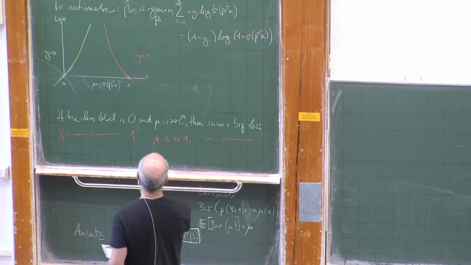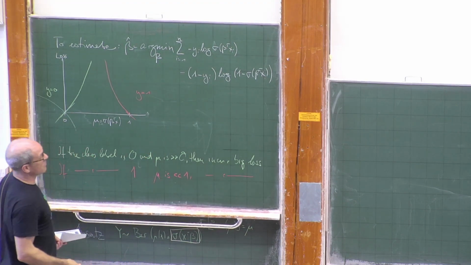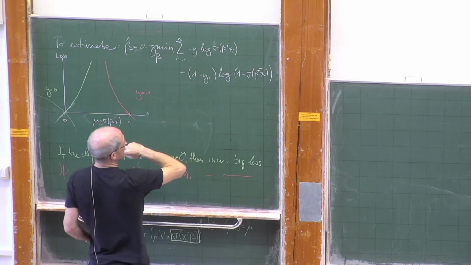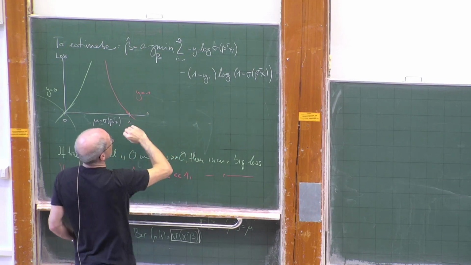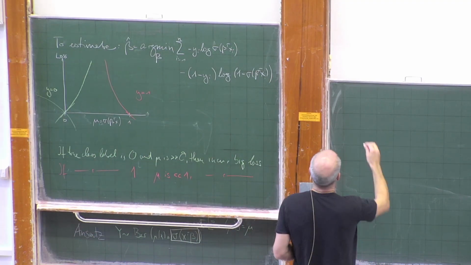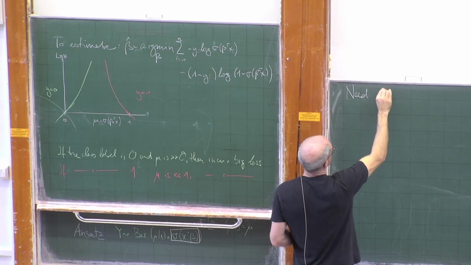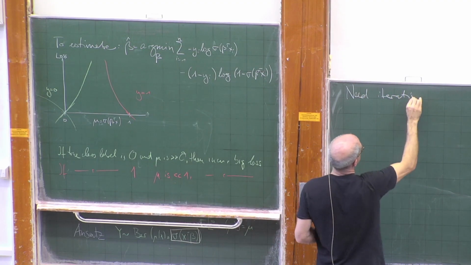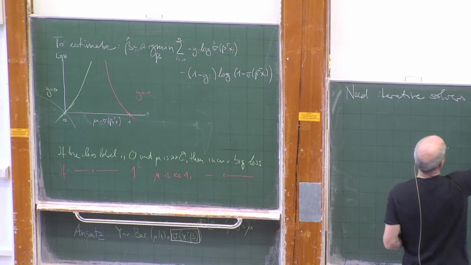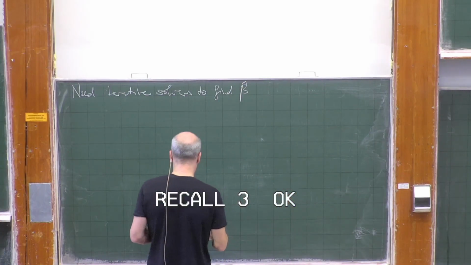All right, now this minimization problem here, unlike the standard least squares case, has no closed form solution. So we need to find this iteratively. We need iterative solvers to find beta hat.